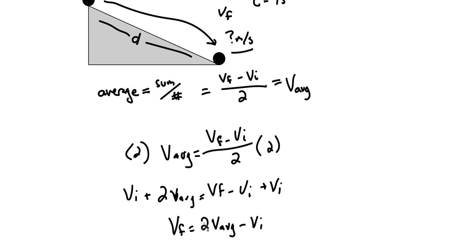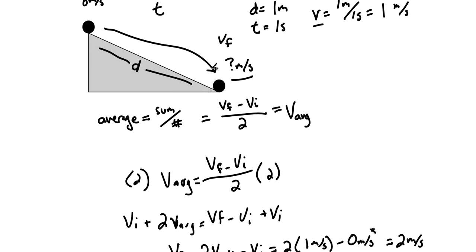Now we can plug in our numbers. V final equals 2 times our average velocity of 1 meter per second minus our initial velocity of 0 meters per second. Multiply that out: 2 times 1 minus 0. Our V final is 2 meters per second. So we know that it was going 2 meters per second at the end if it has an average velocity of 1 meter per second.